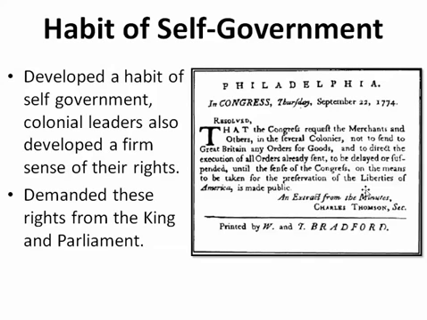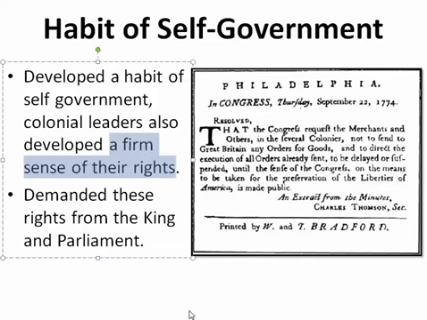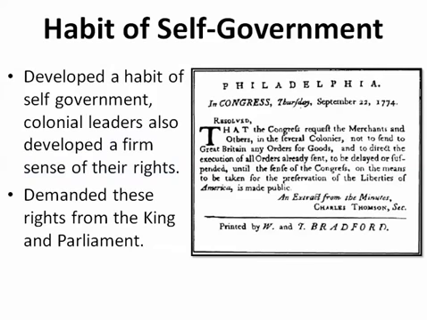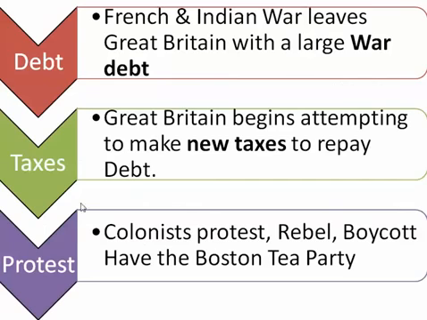And we see that the people thought they had rights, and that those rights are going to be abused by Parliament and King George III of Great Britain. And here they're asking to boycott to preserve these rights and liberties. And we see this idea of a firm sense of their rights when they demand it from the King and Parliament. We saw in our last unit that they rebelled against these things.